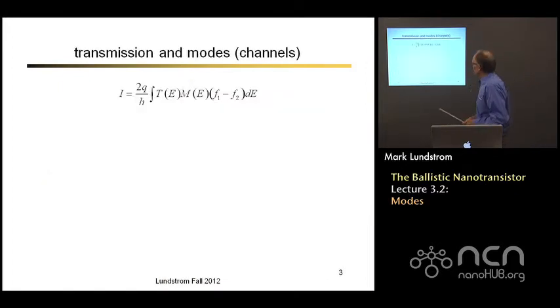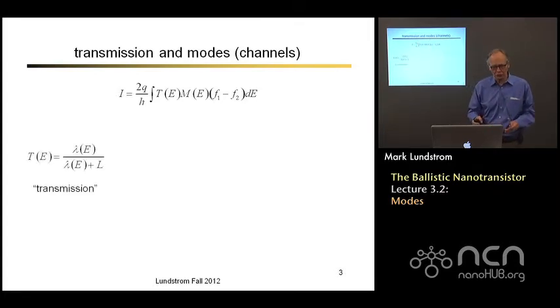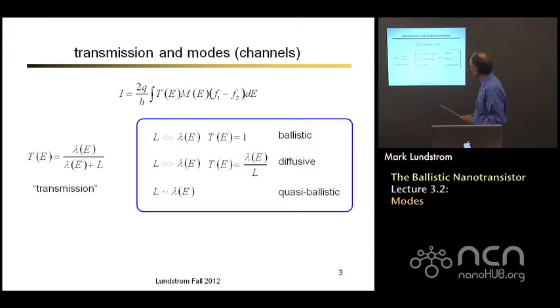Okay. Now, we talked a little bit about transmission and modes, and we'll get more comfortable with that as the course progresses. But I'll just remind you that I postulated this simple expression for transmission. You can see that this is a number between 0 and 1. It's 1 in the ballistic limit.